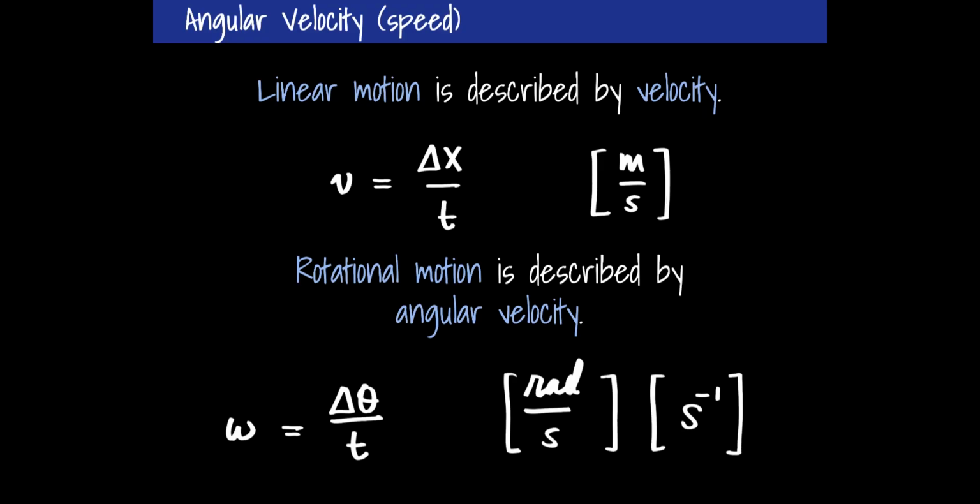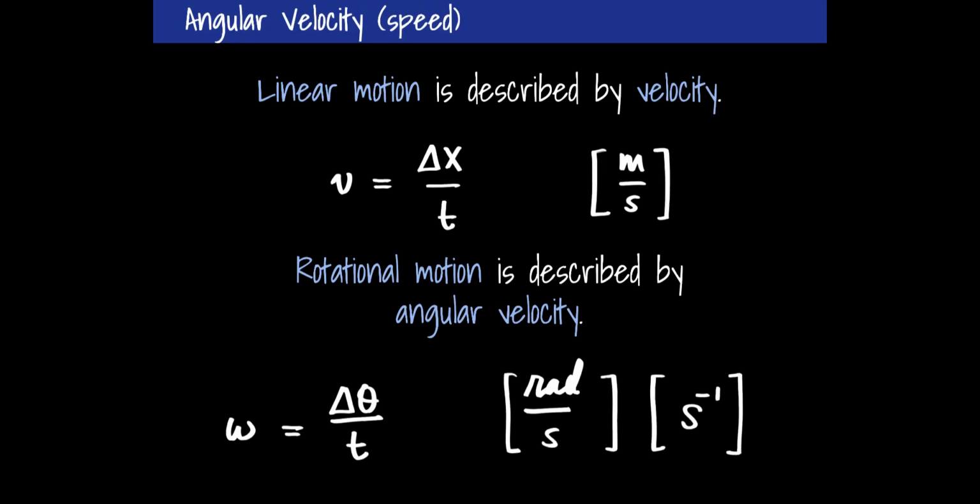That's very familiar. I've done a lot of that. Well, now I'm going to describe rotational motion with the angular velocity, the rotational analog of velocity. Simple. Where I took delta x over t, I'm now going to take delta theta over t. The angular displacement over time is known as the angular velocity.